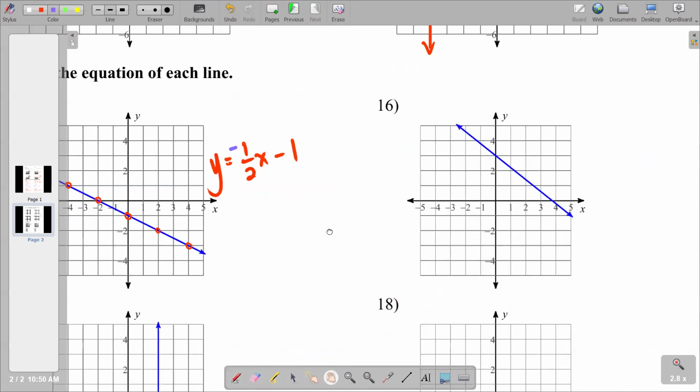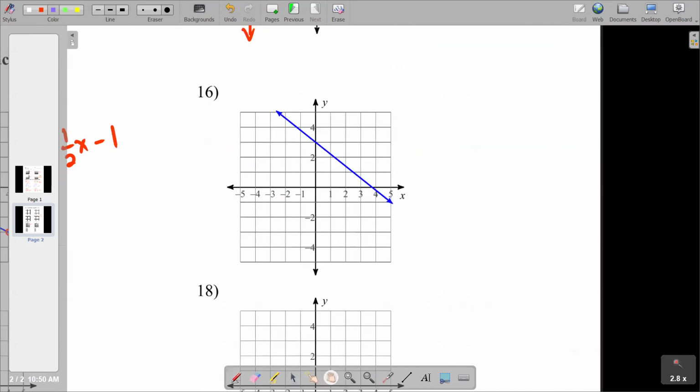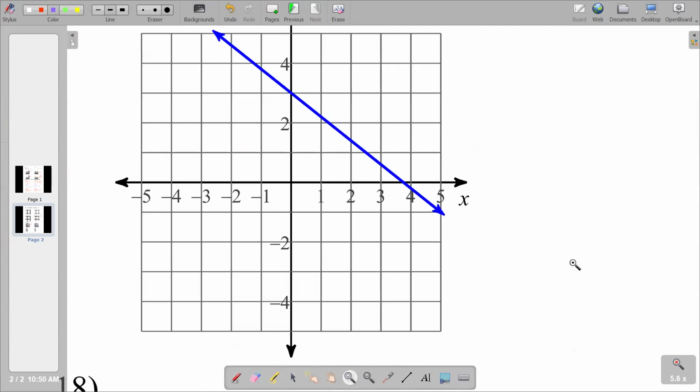Question 16, same idea. I'm going to zoom in so we can get a better look at the lattice points. There's definitely a lattice point right there. And there's not another one until I believe right there. Those are the only two. So the ratio for the rise and run is, looks like I got to go down 4 and to the right 5.